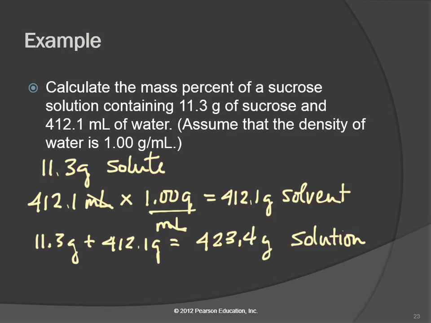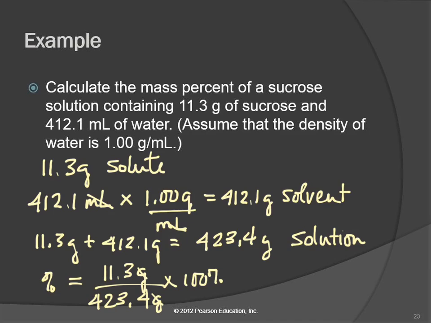So then the mass percent is going to be the 11.3 grams divided by the whole thing times 100%. The grams cancel out. 11.3 divided by 423.4 times 100, 2.67%.